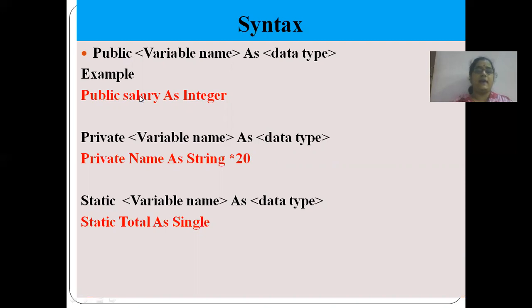And this is the example. For example, here I am using a salary variable of integer type, but the scope of that variable is public. So that's why before this variable name, I use the Public keyword. Similarly for declaration of a variable using private and static.